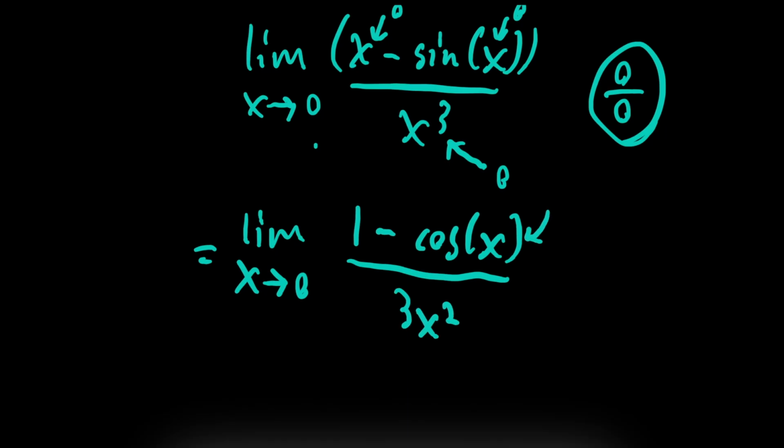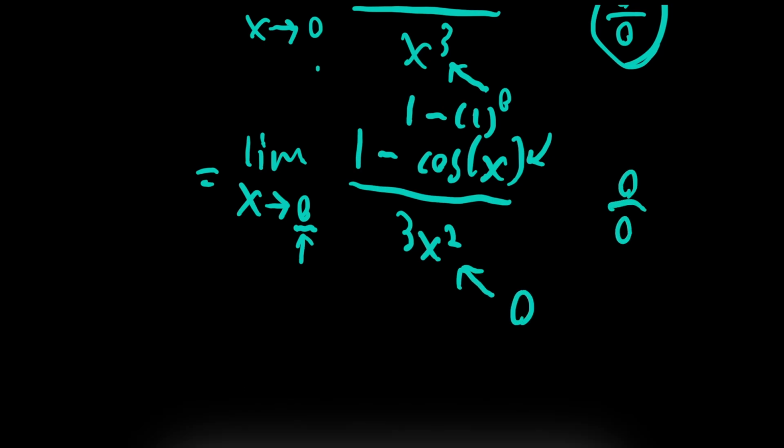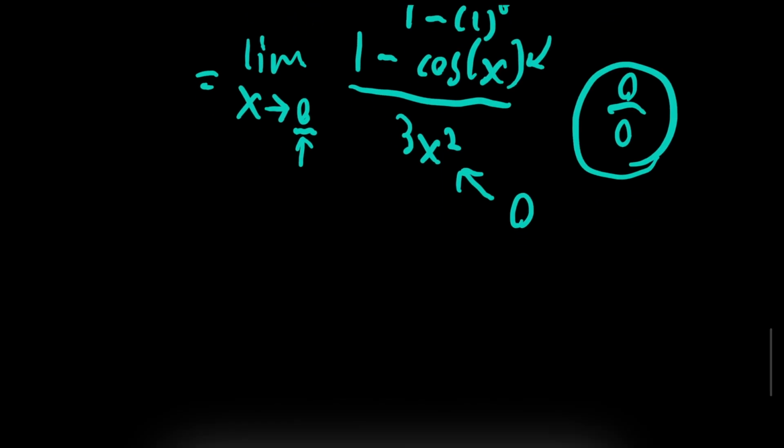The derivative of sine is cosine. Let's say we plug in 0 again. We would get 1 minus 1 over 0, so our 0 over 0 indeterminate form still exists. So let's apply L'Hopital's rule again.